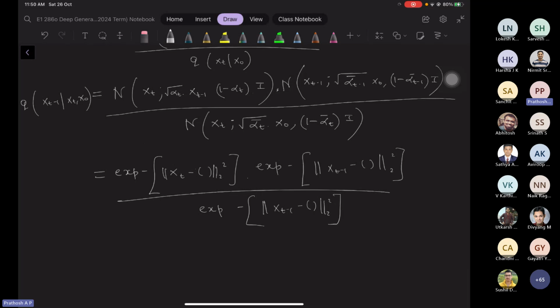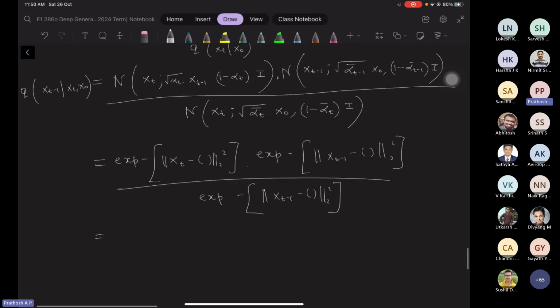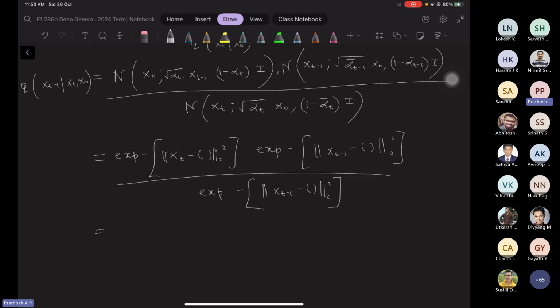Now, observe that the distribution that we have on the left side is a distribution on xt minus 1. Okay, what should we do now? Can somebody suggest what we should do now? We know all these means and variances. What should we do now?